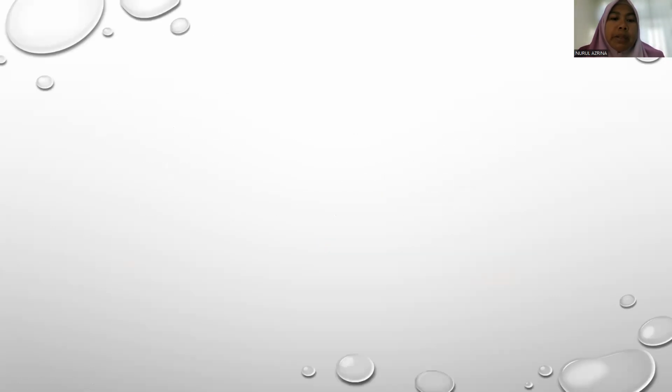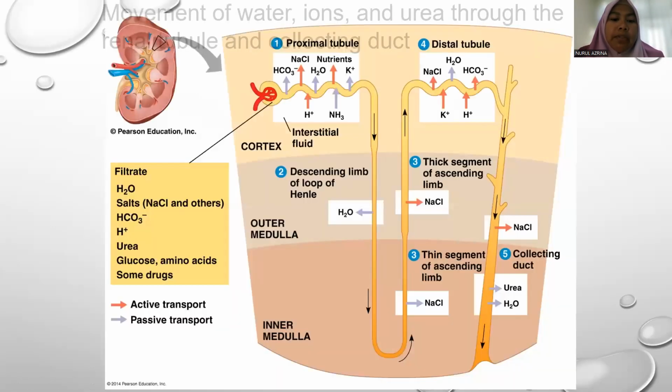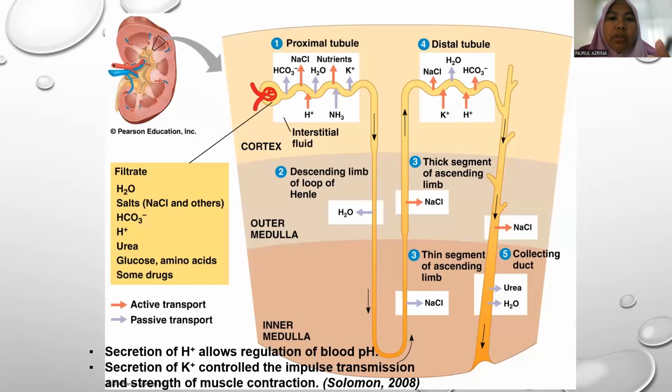So what is the purpose of secretion of hydrogen ion and potassium ion? As I mentioned just now, the secretion of hydrogen ion from the blood into the filtrate helps in regulating the pH of blood.